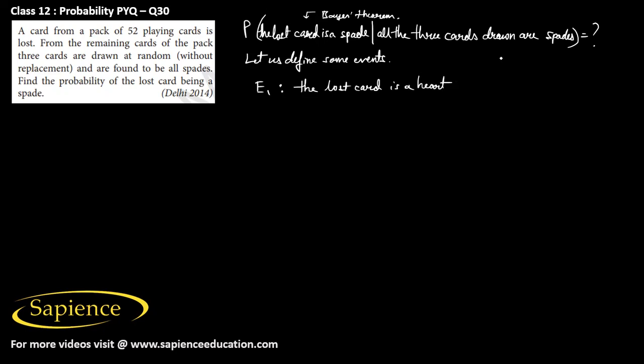So we know that there are 4 suits in these 52 playing cards. One is heart, one is spade, one is diamonds, and the other one is clubs. So there are 4 suits, and each suit has got 13 cards.